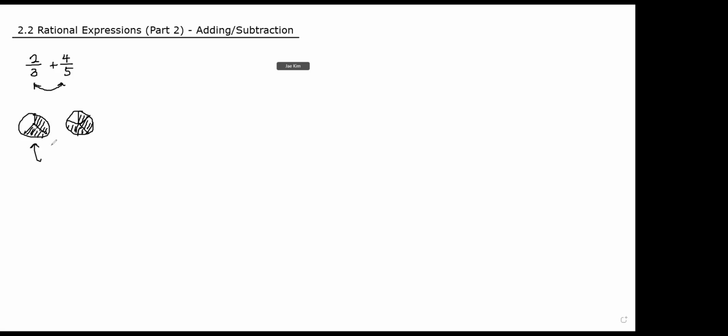Pizza slices that are cut into threes versus the ones that are cut into fives are different sizes, right? And so if you really want to add fractions, we need to add them based on the same size of slice. That's one way you can think about it. Okay? So if you want to add something with fractions, you need to have the same denominator.